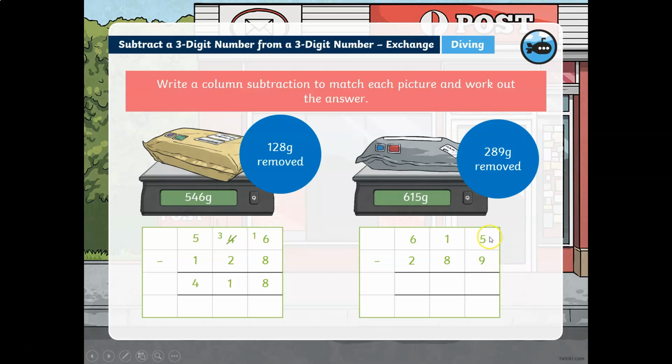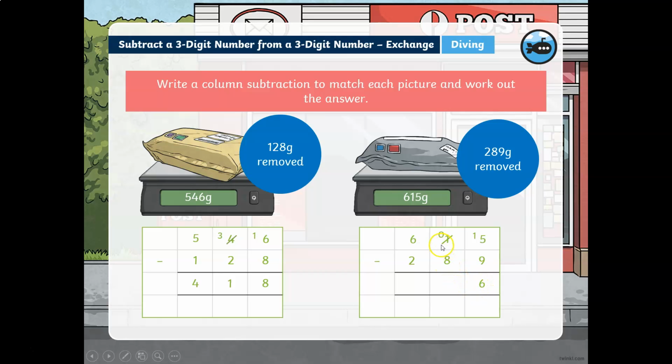No, there's not enough. So we're going to turn this into a 0 because it used to be 1. Now we've taken it all, and this is 0. And we've turned this one into 15 because we brought over 10. Okay, now we can take 9 from 15, which is 6.